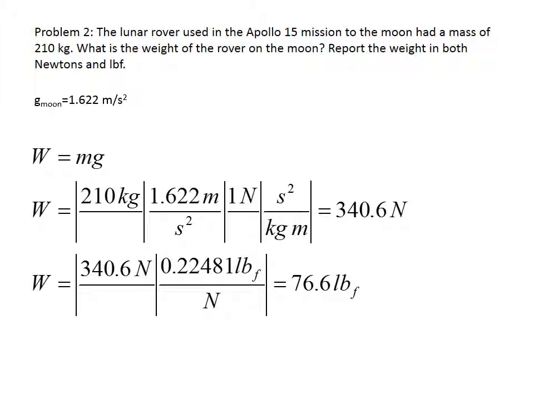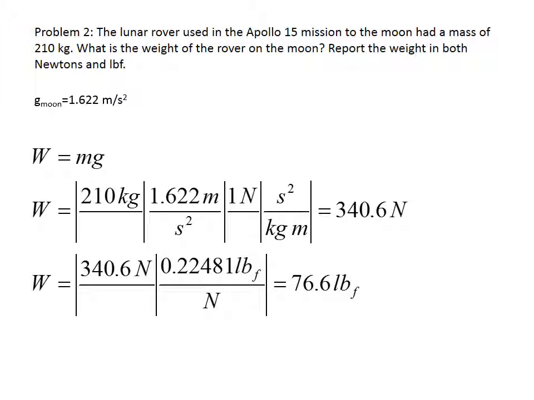Using that the weight is the mass times the acceleration of gravity, we can calculate using 210 kilograms, multiplying it by the acceleration of gravity, 1.622 meters per second squared, and then converting that into units of newtons, where 1 newton is equal to 1 kilogram meter per second squared.